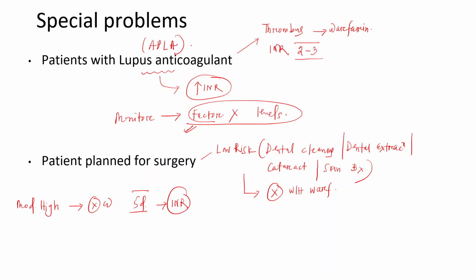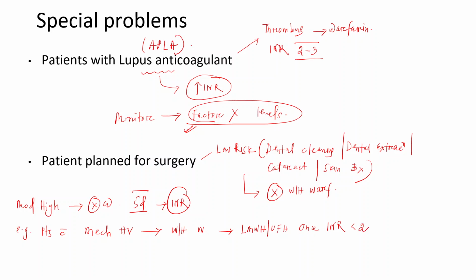But sometimes it is very difficult to stop the warfarin because of the higher thrombotic risk. For example, patients with a mechanical heart valve: if you stop warfarin, there is a very high risk of thrombus formation. So in these patients, if they are planned for surgery, you have to withhold warfarin, of course. Then you have to start low molecular weight heparin or unfractionated heparin once INR is less than 2.